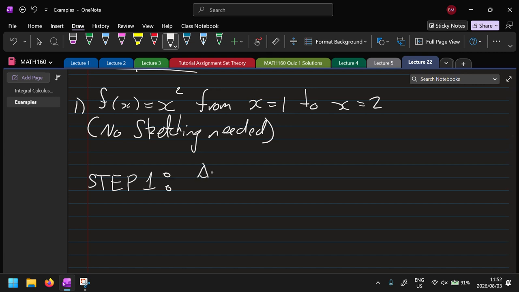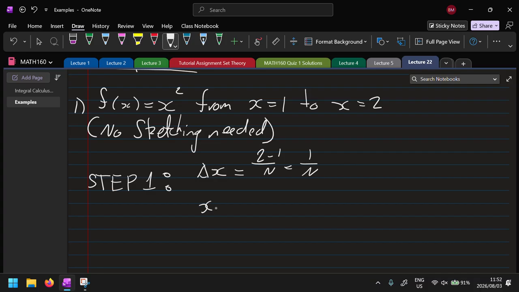Okay, we calculate delta x, we check our answer, calculate xi, check our answer, calculate f of xi, check our answer. So delta x, b minus a over n, so that will be 2 minus 1 over n. Okay, so 1 over n, easy enough.